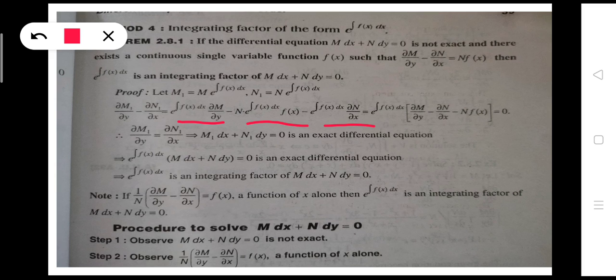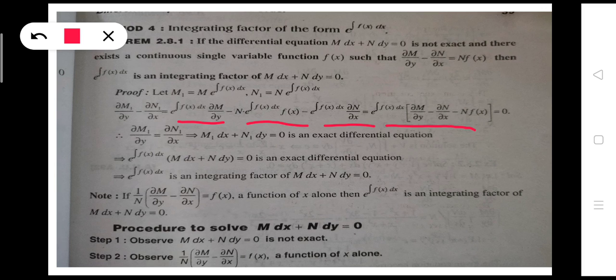Here this is also written as e power integral f of x dx into dou M by dou y minus dou N by dou x minus N into f of x, which is equal to 0. Since dou M by dou y minus dou N by dou x is equal to N into f of x, therefore dou M1 by dou y is equal to dou N1 by dou x.